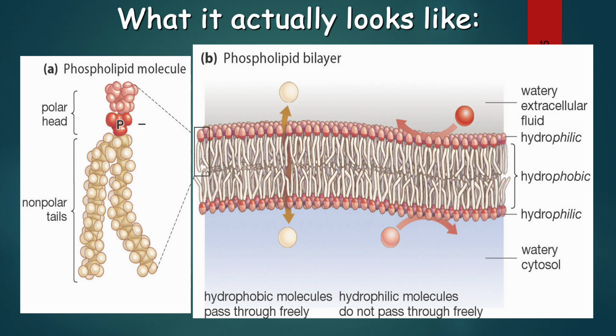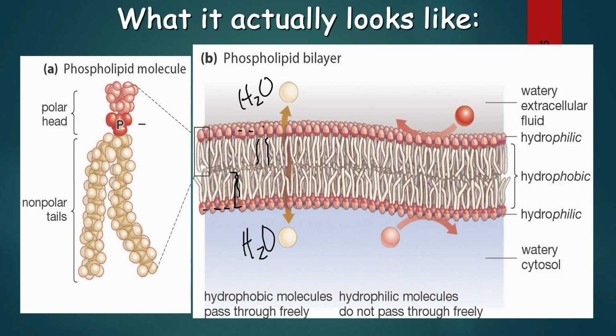In looking at the cell membrane, this is actually what it would look more like. Again, these are representing the heads down here, and then these are the tails. Again, we've got heads up here, and these are the tails. The tails face away from the water. The watery substance is out here and out here.